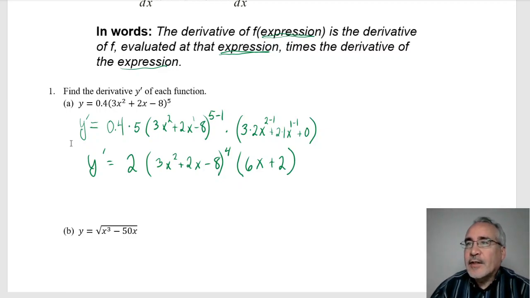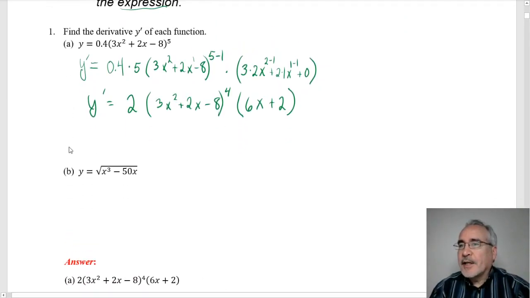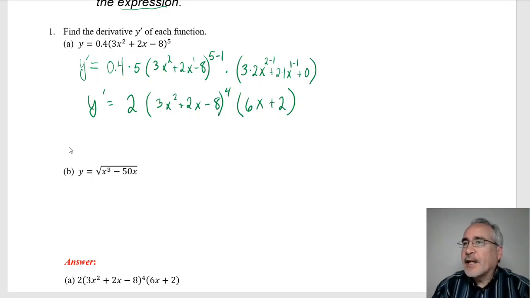Okay, that's our chain rule derivative. Okay, and we take a peek, we won't look too far. That's exactly what they've got down here for our answer.